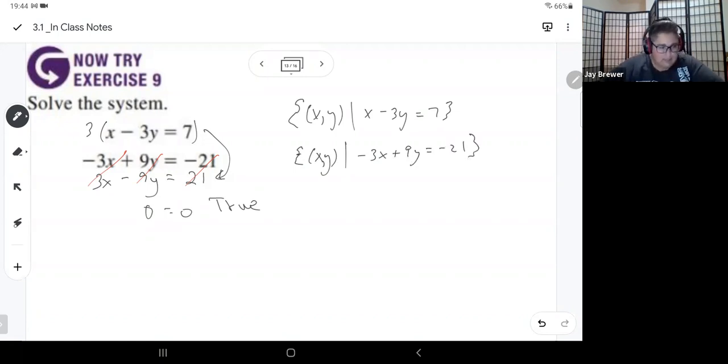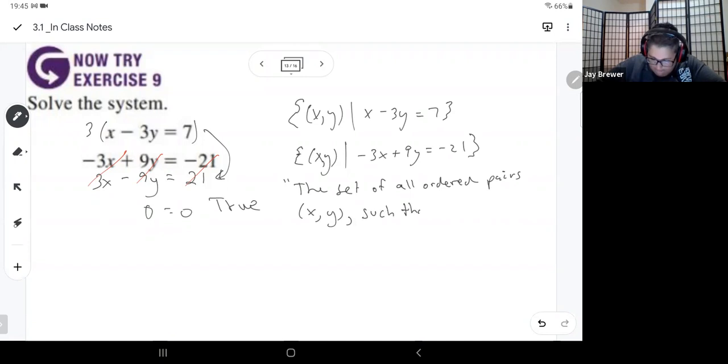And you read this as the set of all ordered pairs x and y such that, and then either equation.